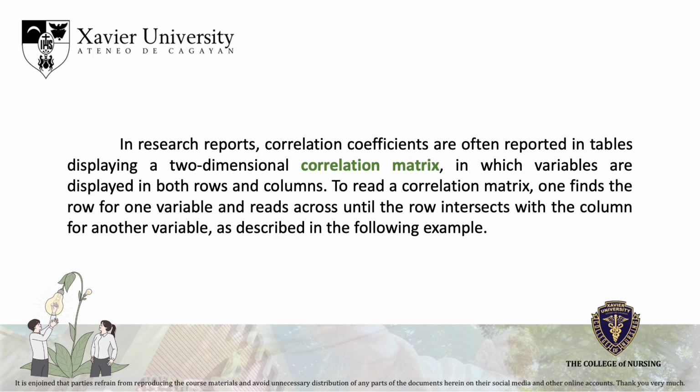To read a correlation matrix, one finds the row for one variable and reads across until the row intersects with the column for another variable, as described in the following samples. This will be discussed further by our respective research advisors. They will be providing samples so that you can better appreciate how two variables correlate with each other.